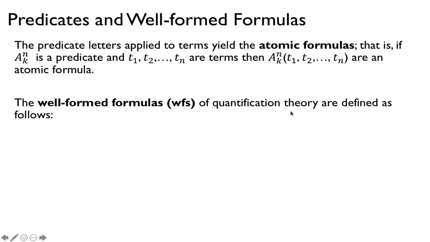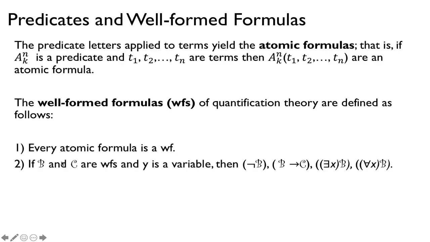So well-formed formulas, in quantification theory which uses quantifiers, are defined as follows. Every atomic formula is a well-formed formula. So for example, applying a predicate to terms gives a well-formed formula. And if B and C are well-formed formulas, and x is a variable, you can create more well-formed formulas using the connectives: not B, B implies C, etc., or the quantifiers, there exists x B, for all x B. So once you create a basic atomic formula, you can create more formulas by using our connectives and there exists and for all.